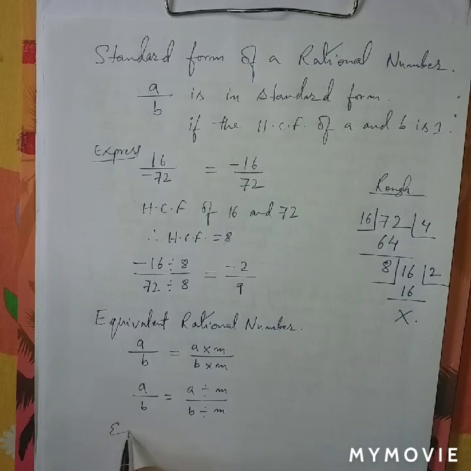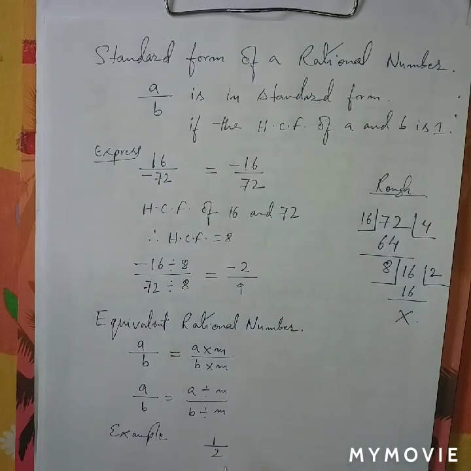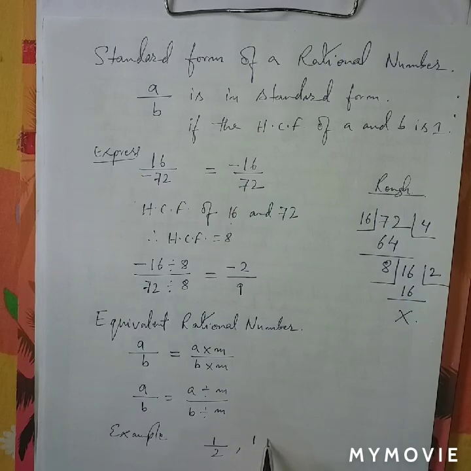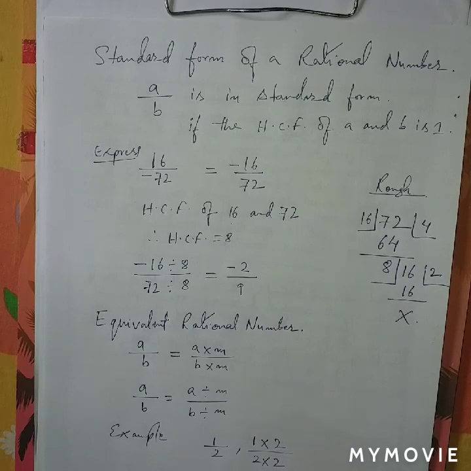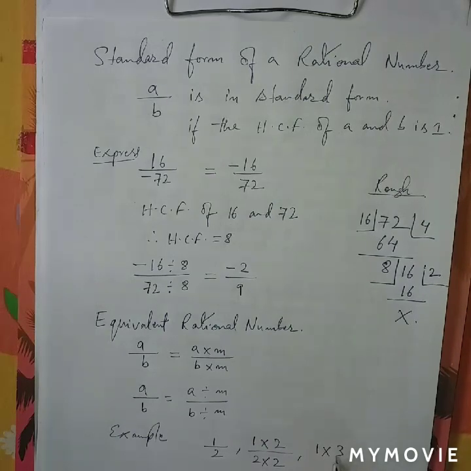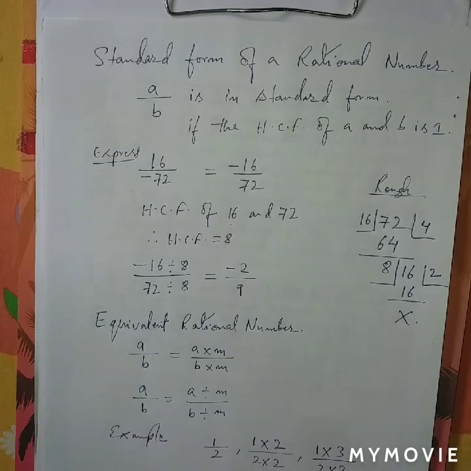For example, suppose we have 1 by 2 as a rational number, and if we multiply the numerator by 2 and the denominator by 2, what we obtain will be equal to this only, as this will get cancelled and the standard form will become 1 by 2 only. Similarly, if we multiply numerator and denominator by 3, we still get the same equivalent rational number, that is 1 by 2.